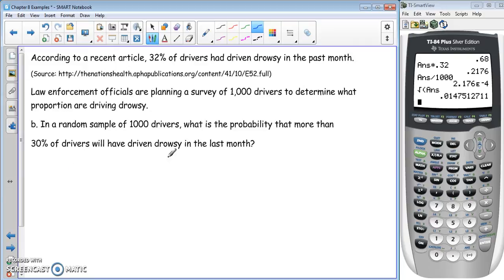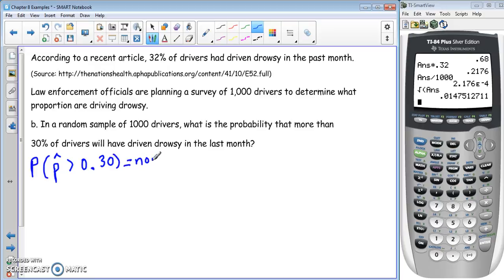Next question: in a random sample of 1,000 drivers, what's the probability that more than 30% of the drivers will have driven drowsy? So we want to know the probability that p-hat is greater than 0.30.